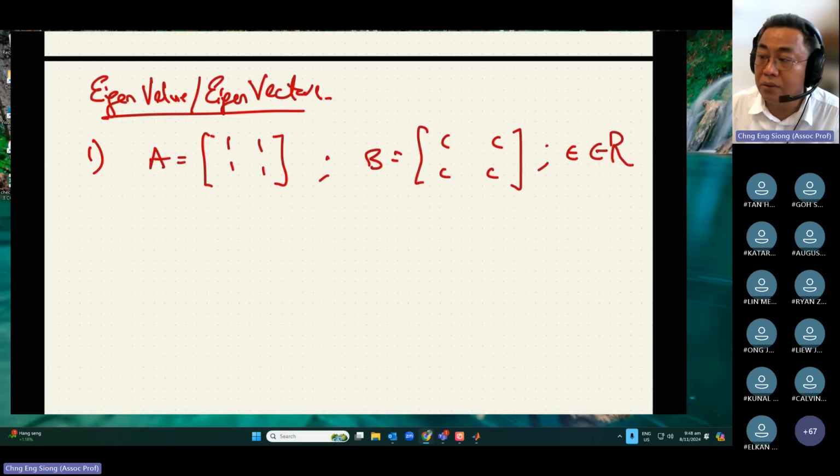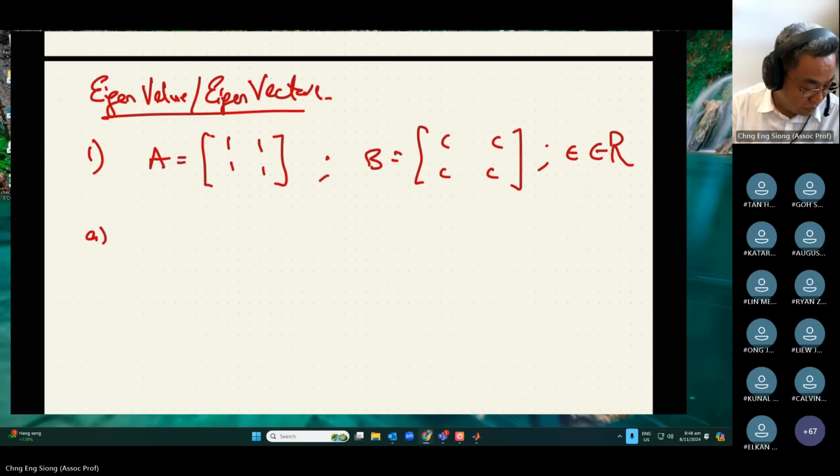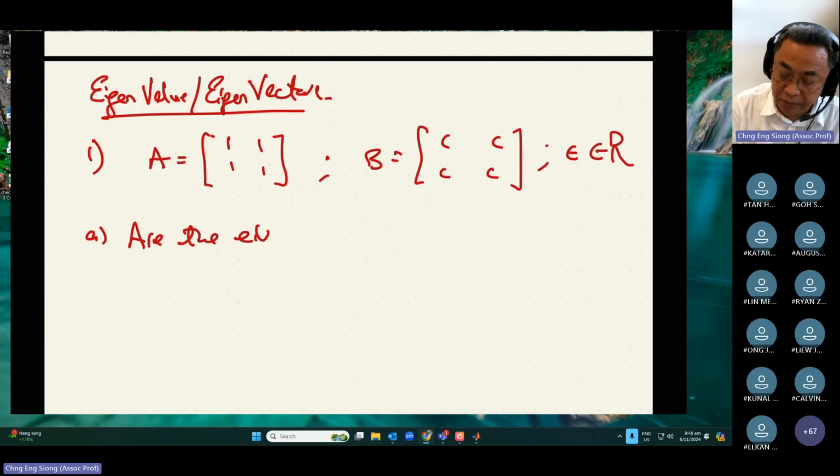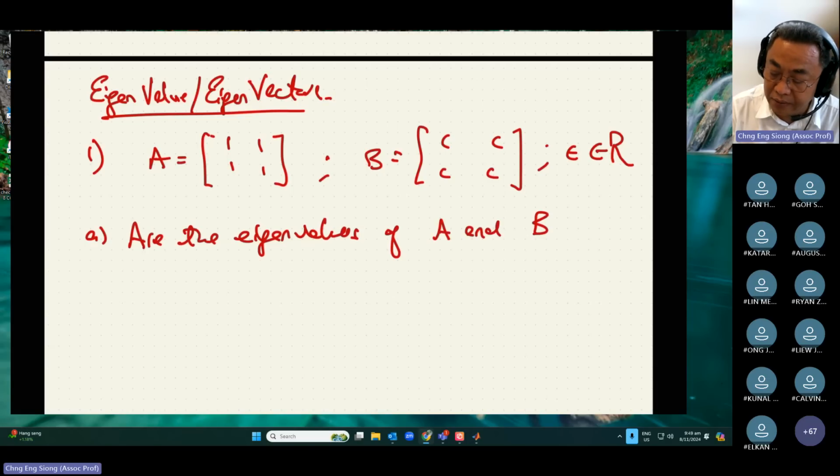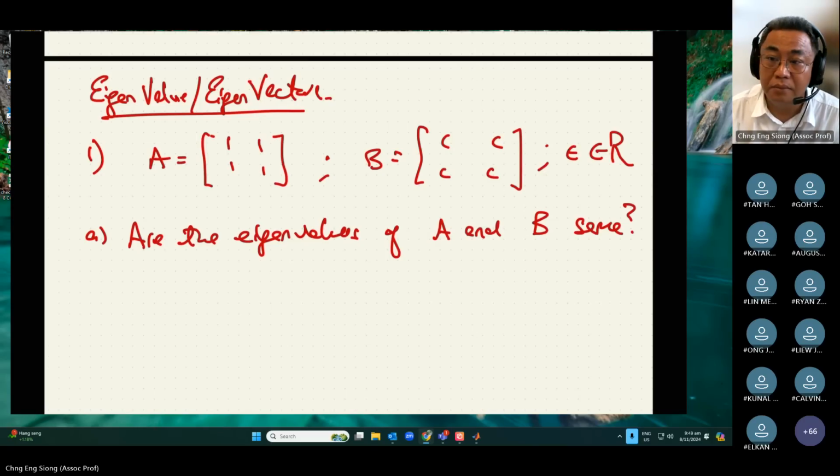Okay, so now the question to you is, are the eigenvalues of A and B the same always?